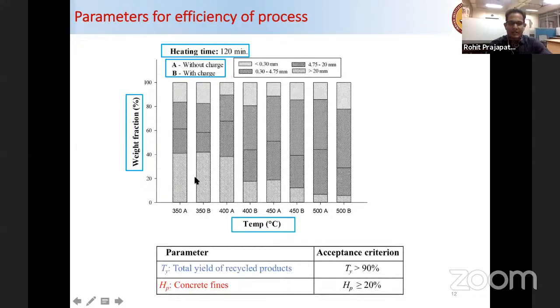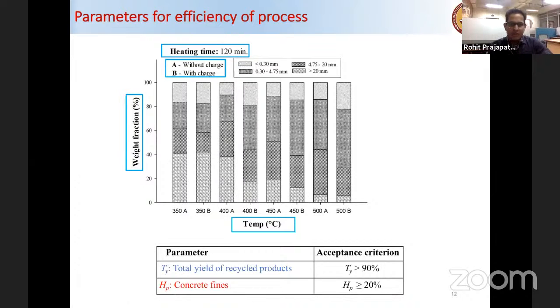So to understand how the total yield of recycled product was calculated, if you see this first box here, it is for concrete fines, which is less than 300 microns. Then comes the recycled fine aggregate, and you have coarse aggregate. And at the bottom, this part is the broken concrete, which was not processed, or it was more than 20 mm size. So we say this is an unprocessed material.